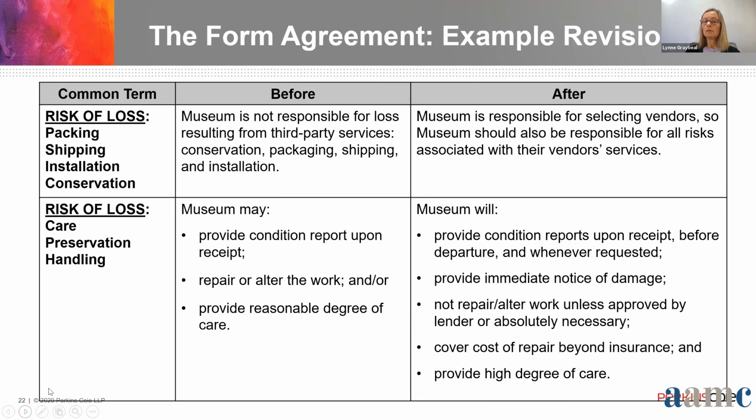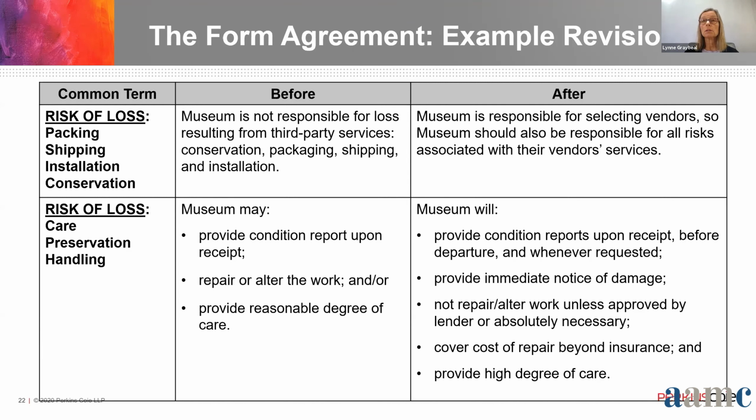So the first provision relates to the museum not being responsible for the loss caused by third parties. Now, often the museum is the one that's recommending the third parties. They use their own trusted advisors. That's not always the case. Sometimes the lender, a very sophisticated lender, has their own conservator. They have their own shipper.